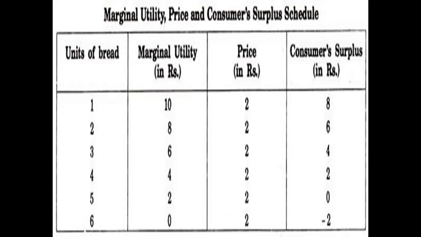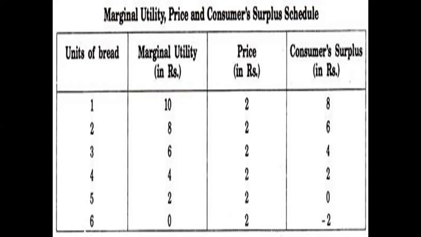In this diagram, you can see the units of bread increasing from 1, 2, 3, 4, 5, 6, and the marginal utility of the bread is 10 rupees at 1 unit, and it keeps on decreasing as the units of bread keep on increasing.